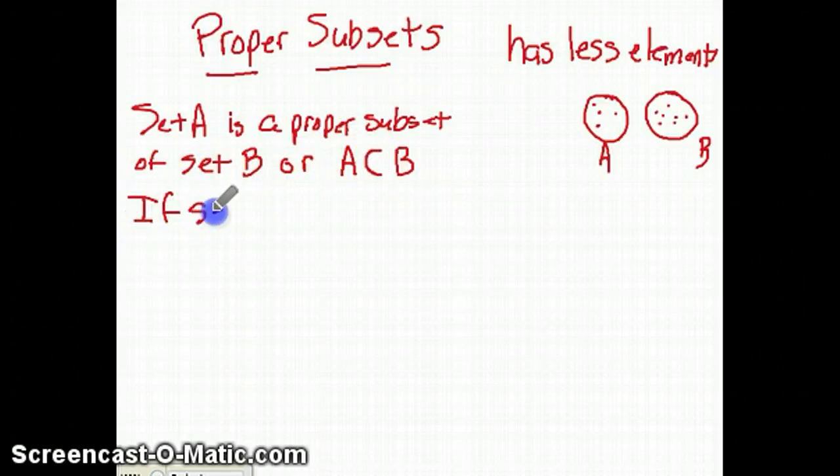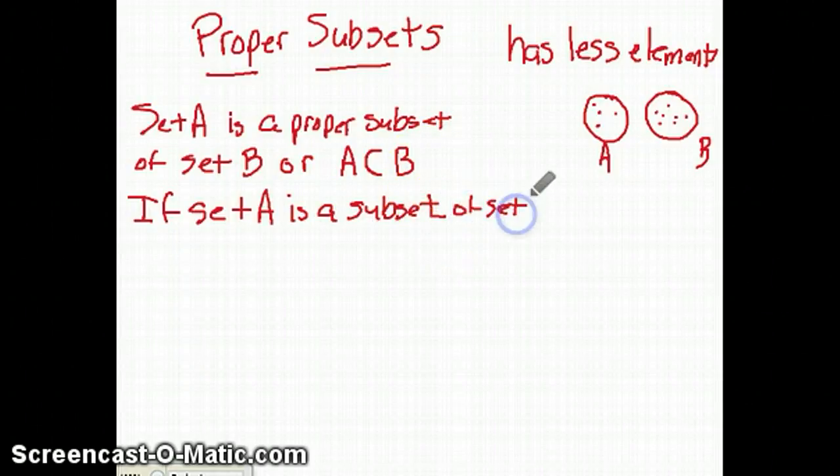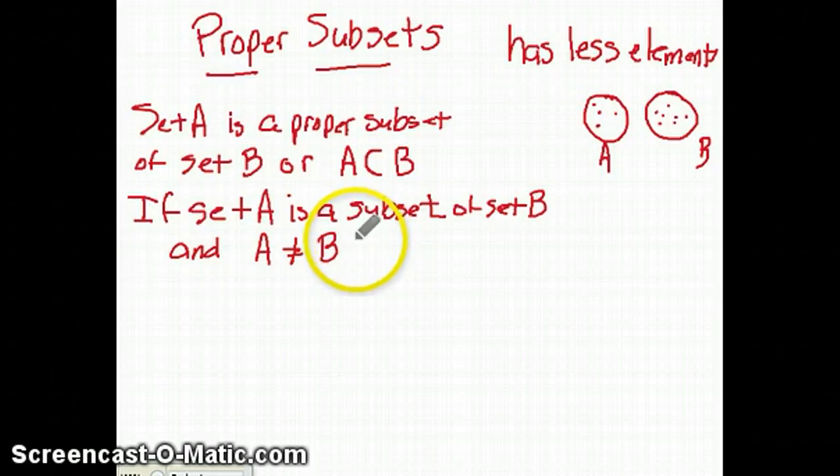If set A is a subset, it's got to be a subset first of set B, and A is not equal to B, or the cardinality is different.